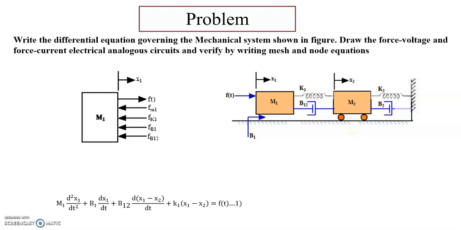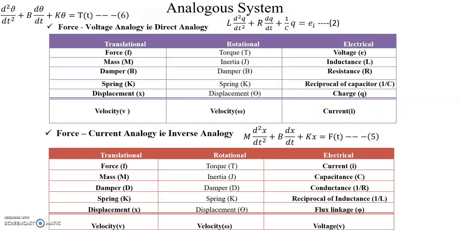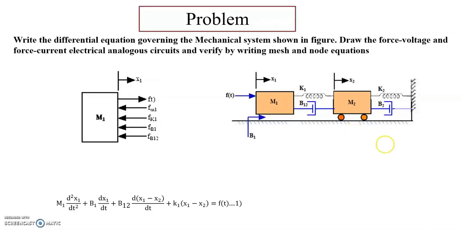Now you can draw the free body diagram. For mass M1, there is an applied force F of t, and the opposing forces are due to mass M1, B1, B12 and K1.